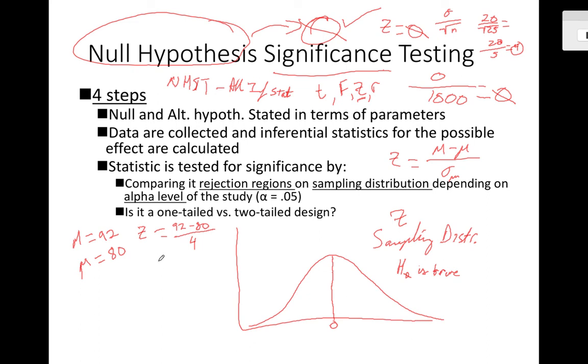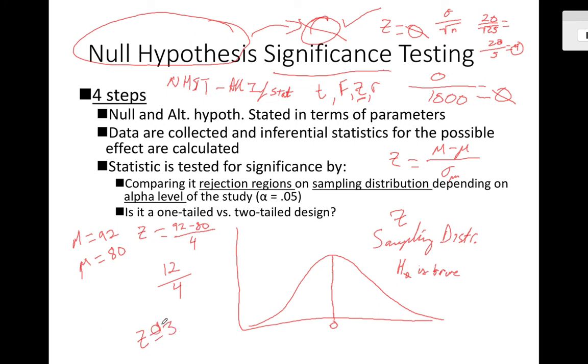So here, once we do our calculations, looking at the difference between 92 and 80, 92 minus 80 in our particular case gives us 12 divided by 4. 12 divided by 4 is equal to a z-score of 3.